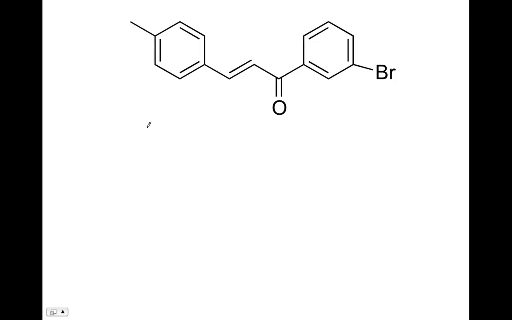The other way that we named is the common name, where the parent name is a chalcone. We distinguish the chalcone by looking at the substituents here and the substituents here on the chalcone. So in this case, 1, 2, 3, that's again 3-bromo. And we put a prime there so we know which side of the chalcone it's on.